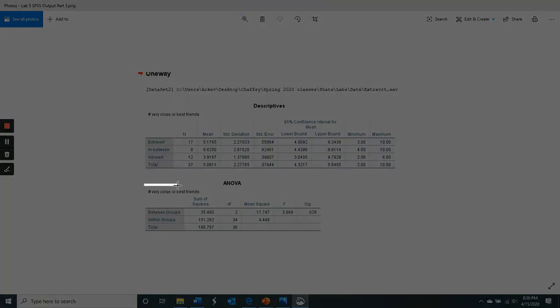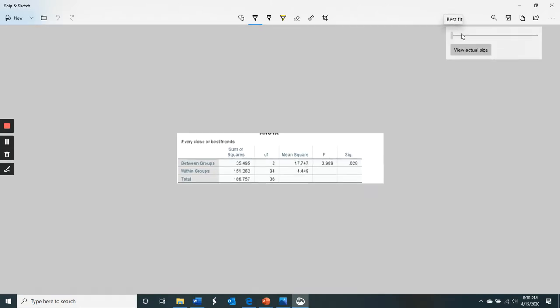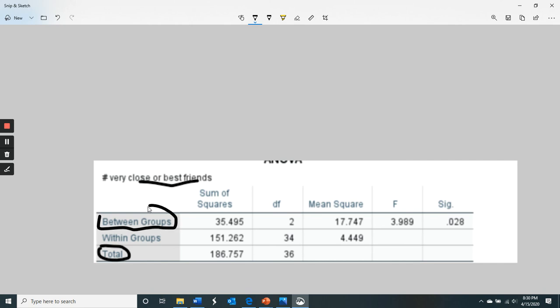And here we go. All we need is the Anova table. That's all you need. And so, again, eta squared is just like r squared, which is what percent of the total variance of the DV, which is the best friends, was directly linked to the PV, the person's extroversion.